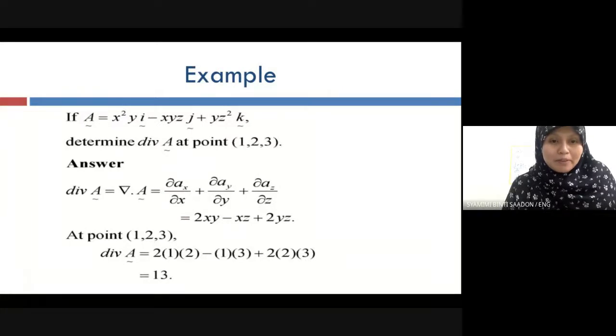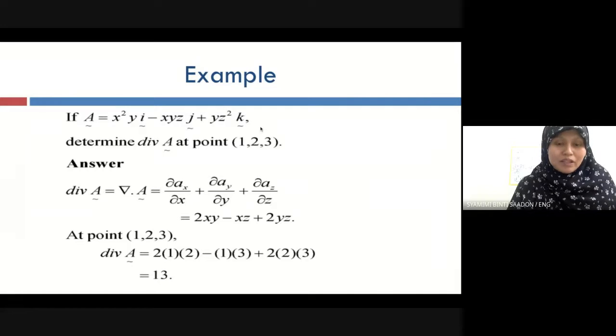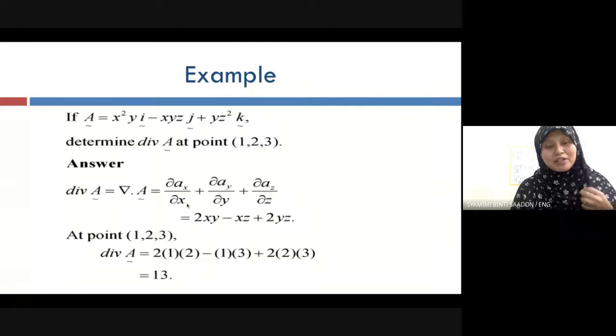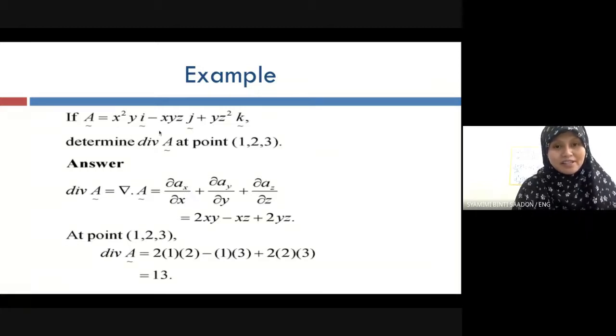So here is an example. Again, we have a vector A, this one, so determine the divergence A at point 1, 2, 3. Very simple. You just do the partial derivative of component AX with this component. This is AX, this is AY, and this is AZ.